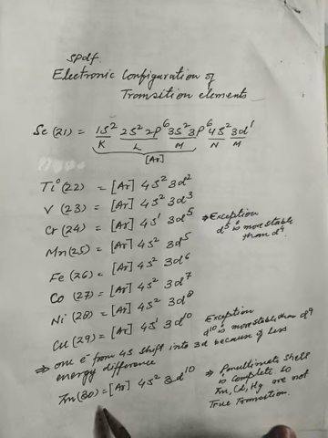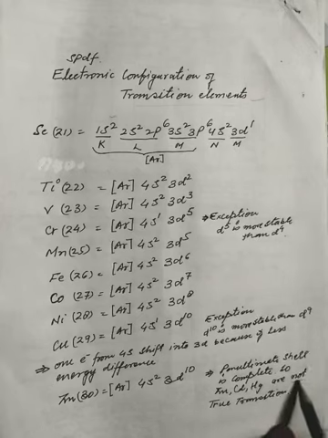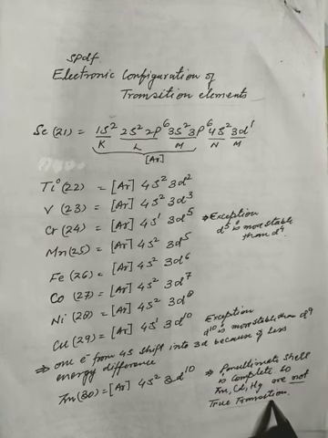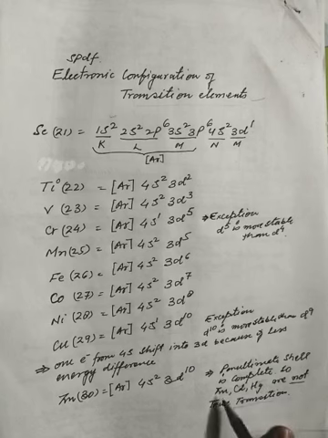So zinc has its penultimate shell completed, and it does not fit the transition element definition. So we can say it is not a true transition element. Cadmium and mercury also have a similar configuration, so they are also not true transition elements.